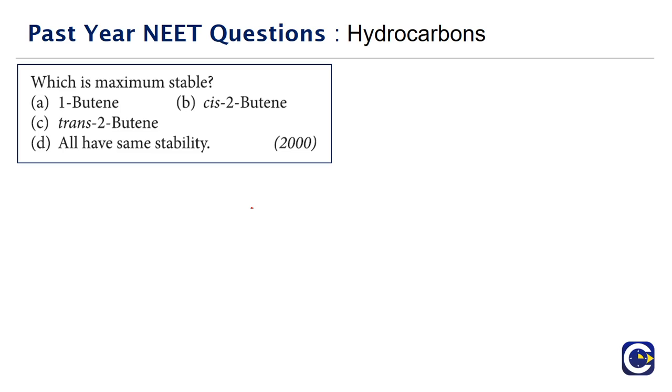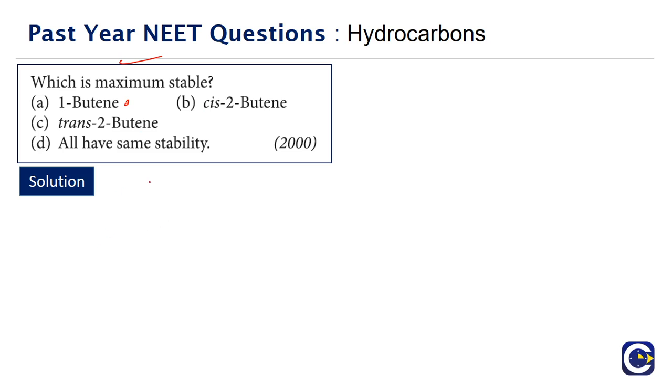Next, we have a question that has come in the year 2000, which is maximum stable. So if you look at the options, right, what is option A? 1-butene. Option B and C are 2-butene, but one is a cis and other is a trans.